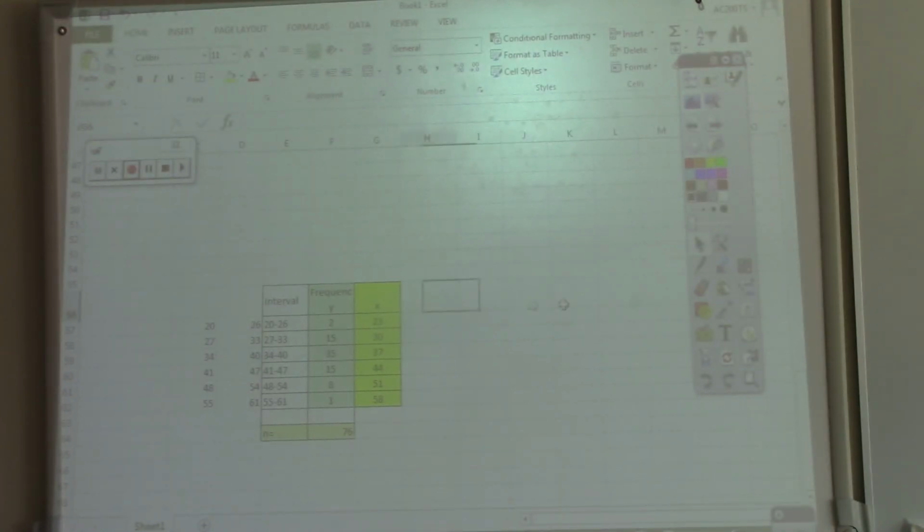Squared, so we're gonna need X squared next. 23 raised to the second power, and copy that down. And now we're ready. So I'm going to put over here F times X. And then I'm going to put F times X squared.